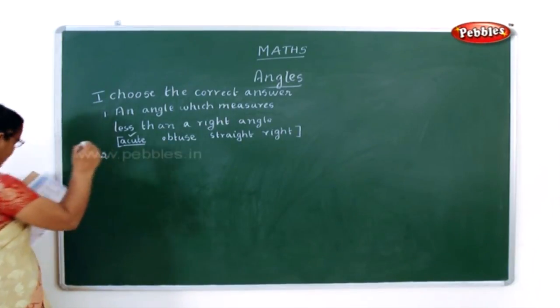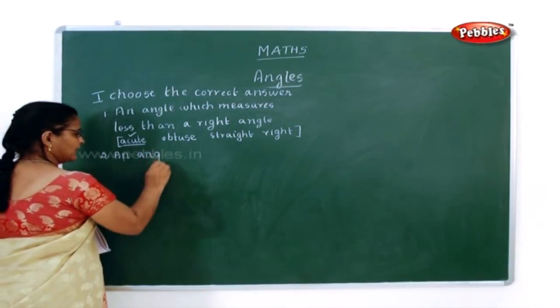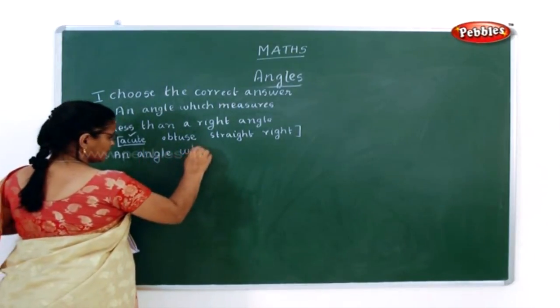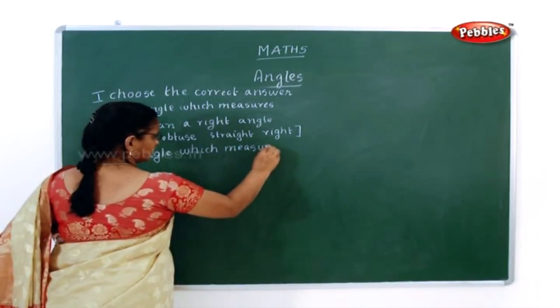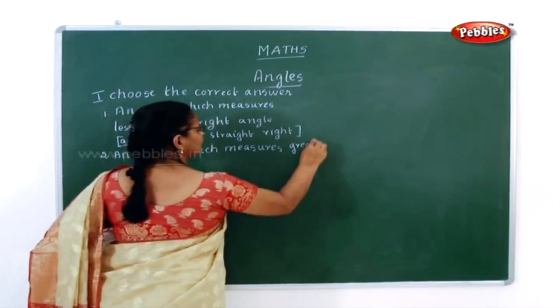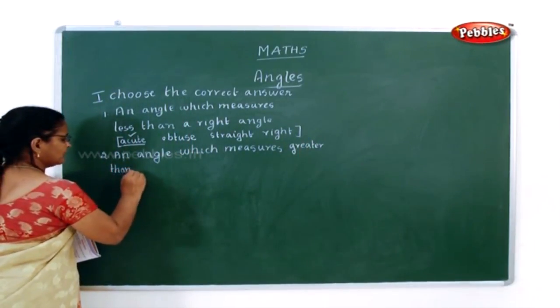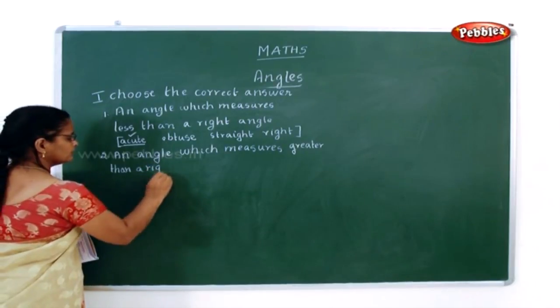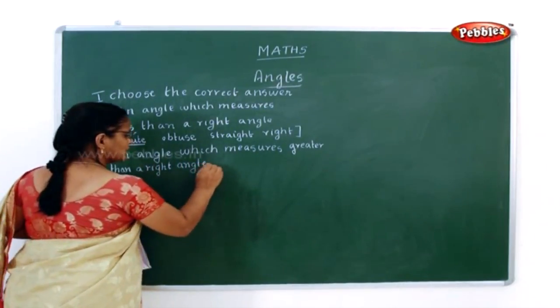Now the second question is: an angle which measures greater than a right angle. Greater than a right angle. Now what are the options given in your book?